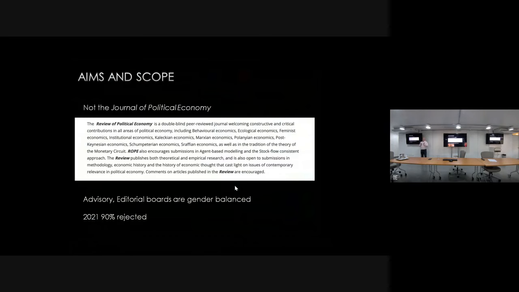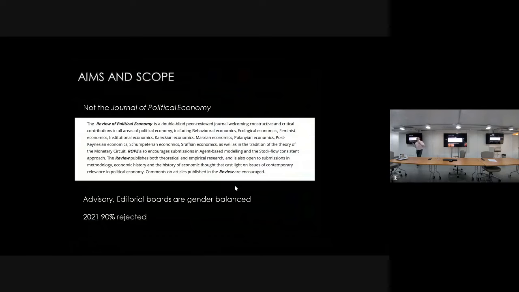So if you send a heterodox paper to my journal, I expect to see heterodox references in your bibliography. And I expect maybe a few references to something that's been published in that journal. If you send it to the JPKE, make sure you quote some papers from the JPKE. You have to, right?